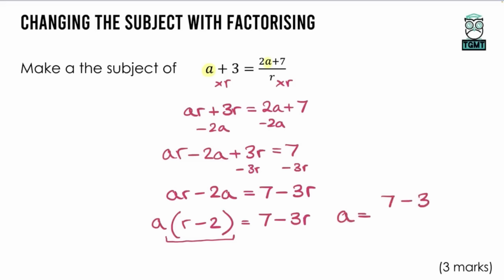So we have 7 minus 3r all over, and it's up to you at this point. You can leave it in the bracket or you can remove the bracket, but we have r minus 2, and there we go, that would be our final answer. A is now the subject, and a does not appear anywhere else within this. So there we go, that is changing the subject with some factorising.